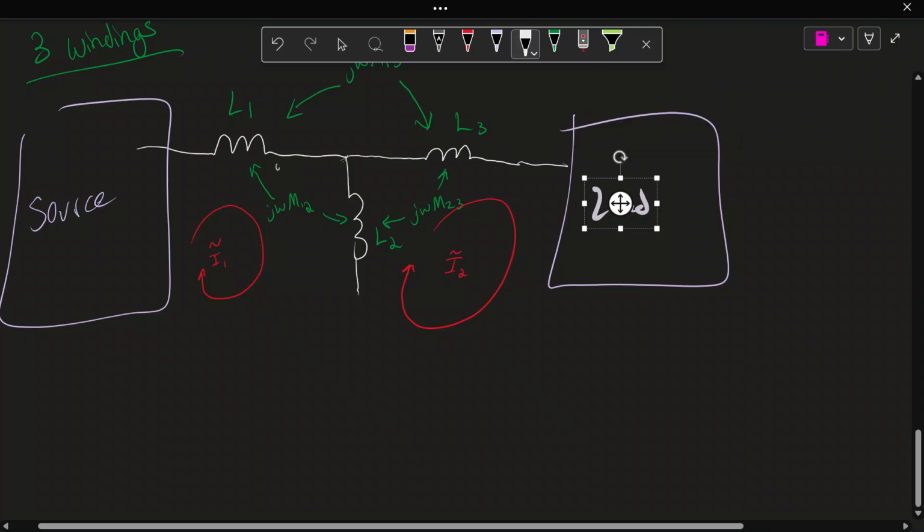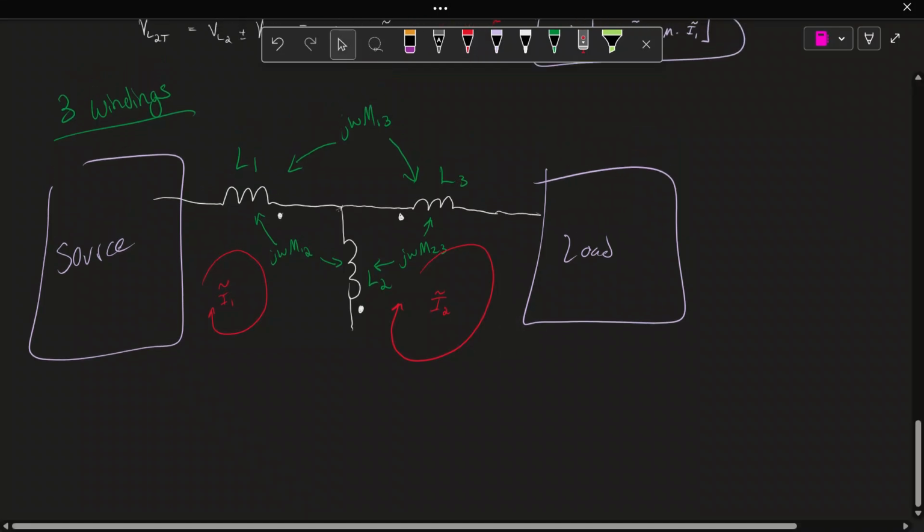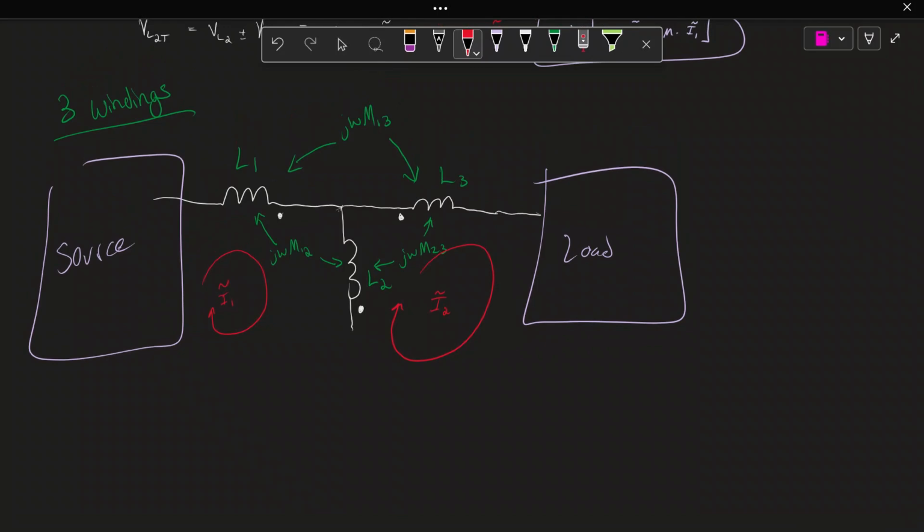Let's say the L1 dot is here, L3 dot is here, and L2 dot is here. There's going to be a lot of pluses and minuses floating around here, so just get ready. Now, remember, we're going to assume all of them have a voltage drop for their self-inductances. The dot convention will tell us what the signs for the mutual inductances will be.